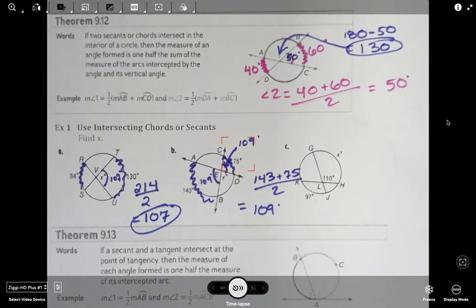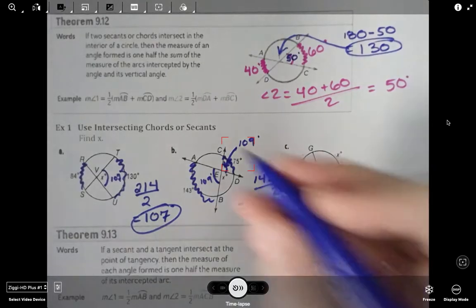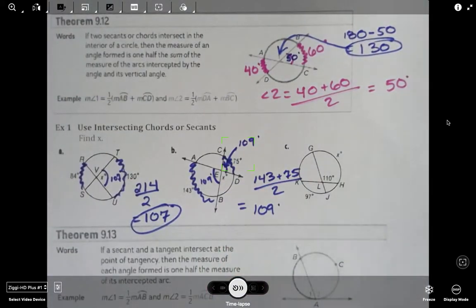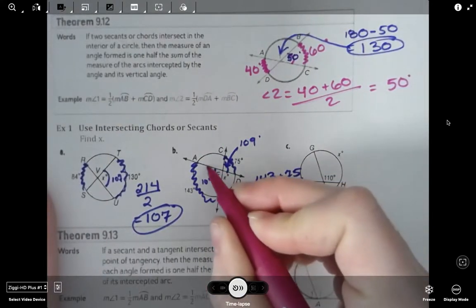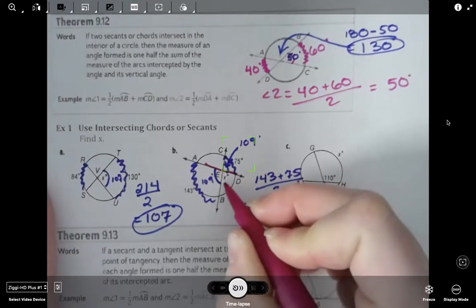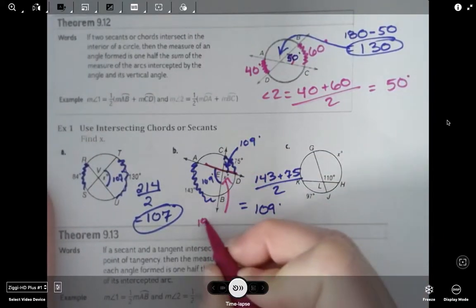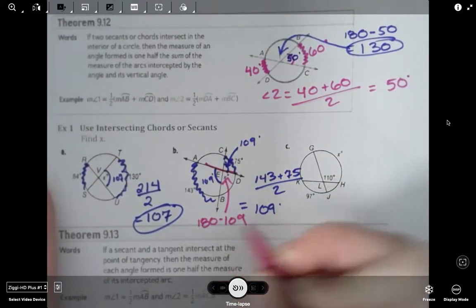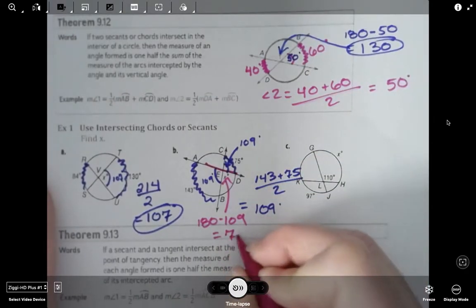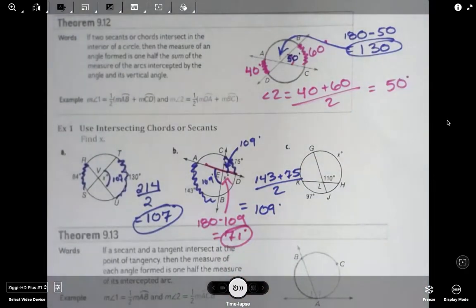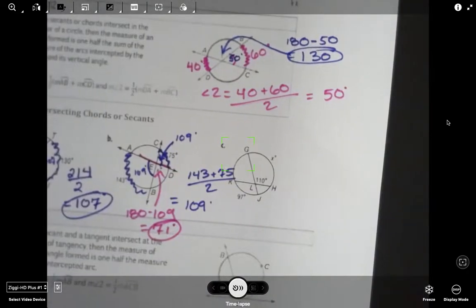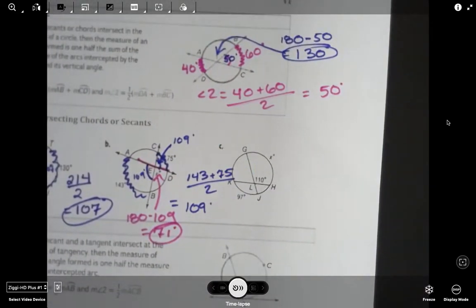Vertical angles. Okay? So that's 109. We need to figure out what X is. So we subtract from 180 because they live on this straight line here. So 180 minus 109 is 71. Yeah? 71? Perfect.